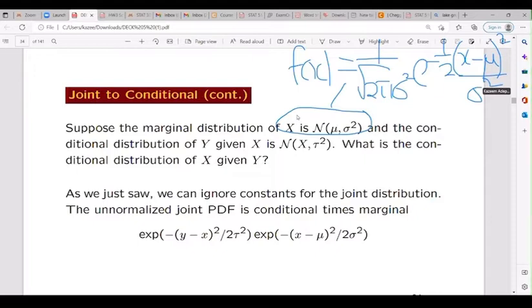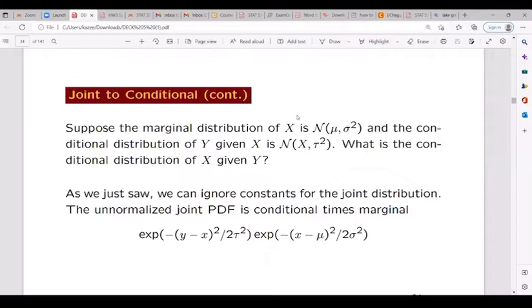There's sigma squared around here. Now, when X follows a normal and the conditional y given X also is a normal distribution, how can we find the conditional distribution of X given y?